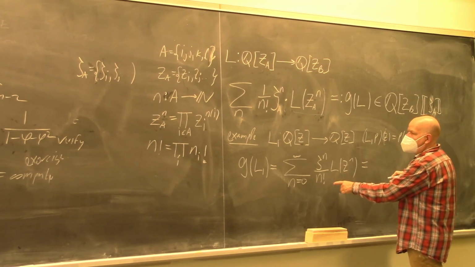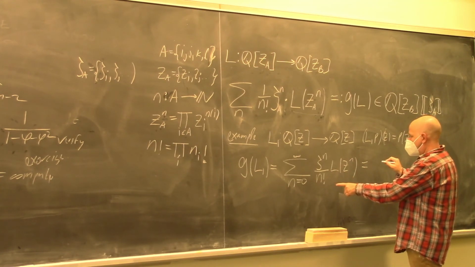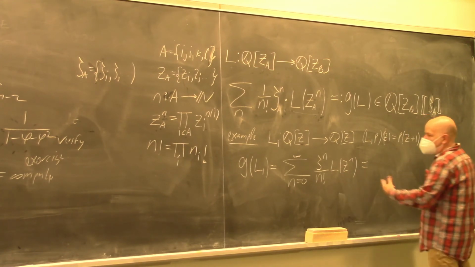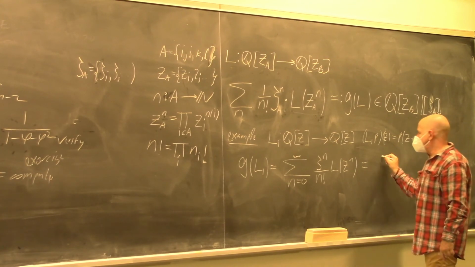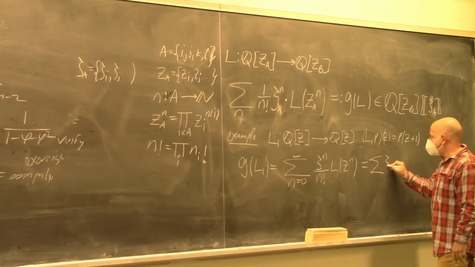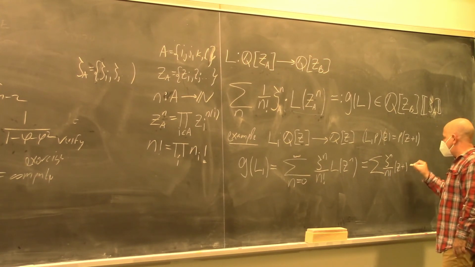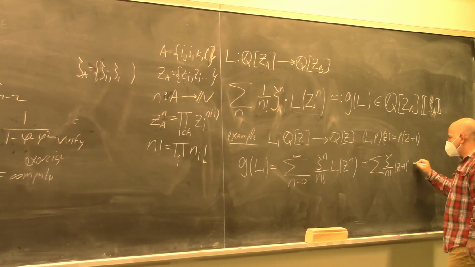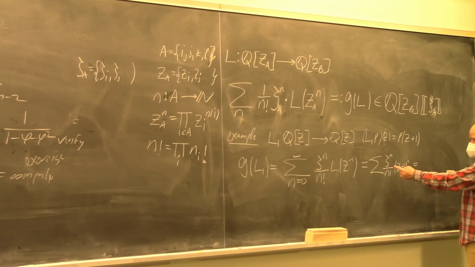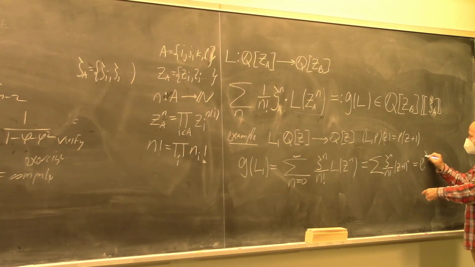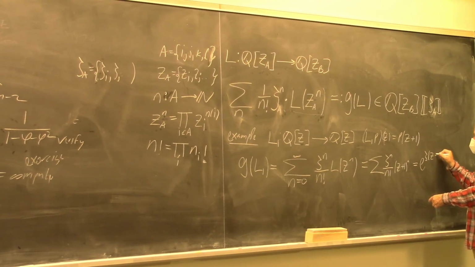L of z to the n is z plus 1 to the n. So this is the sum of zeta to the n divided by n factorial, z plus 1 to the n, and this is just the exponential of zeta times z plus 1.